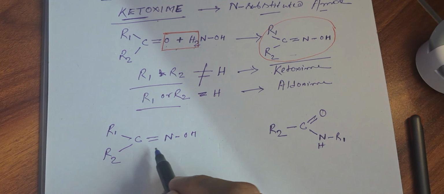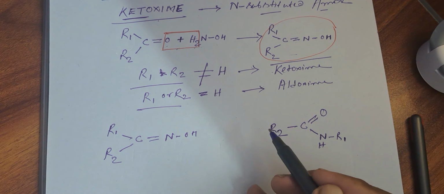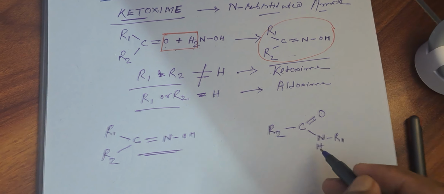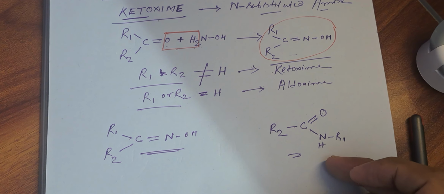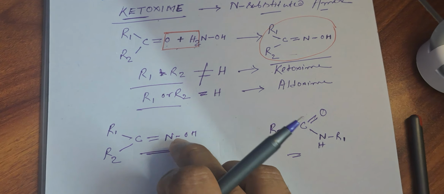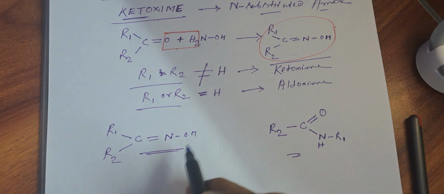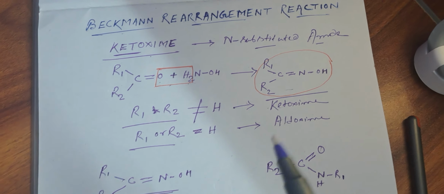Only thing is that things got rearranged, and in the process of rearrangement the property got changed. Earlier it was an oxime, now it is an amide. Amide and oxime do not behave in a similar way, because amide is CONH and oxime is C double bond NOH. So this conversion is expected according to the Beckmann rearrangement reaction.